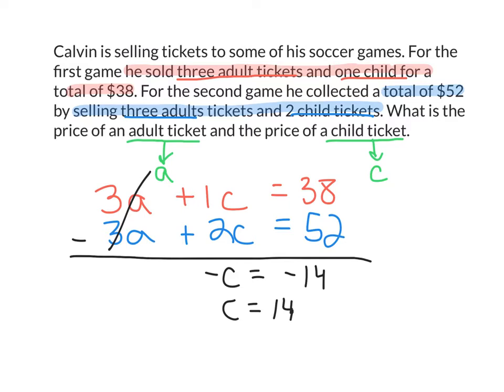To figure out the price of an adult ticket, we're going to take 14 and plug it back in. It doesn't matter which equation we use. I'll plug it back into this first equation. 3A plus 14 equals 38. So by subtracting 14 from 38, we'd end up with 24.